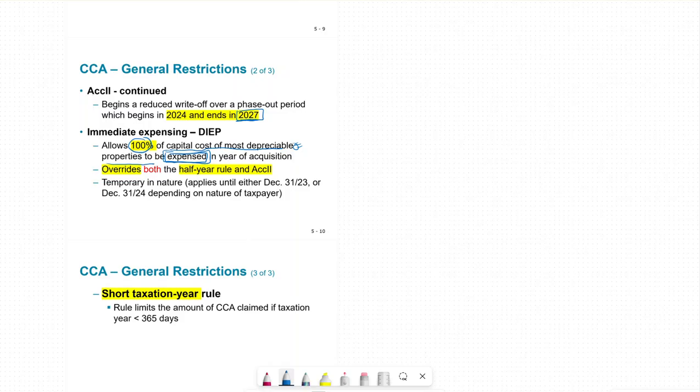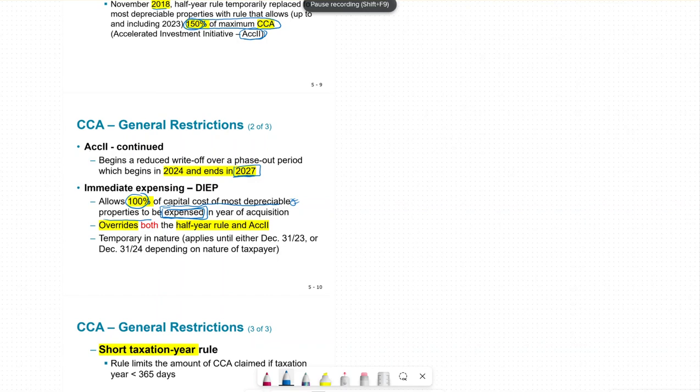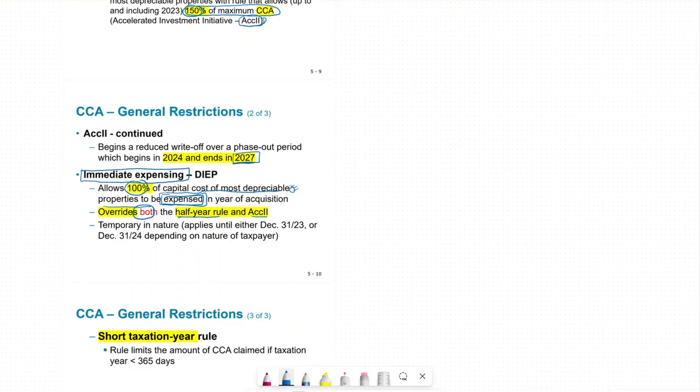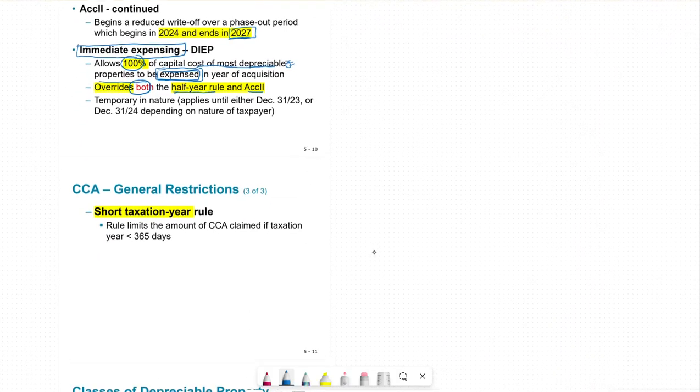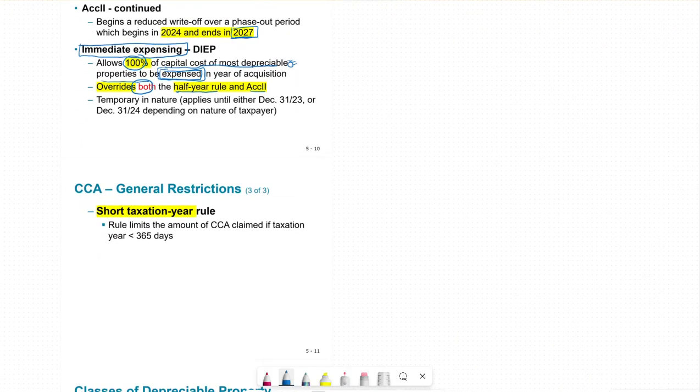So the accelerated investment incentive overrides both the half year rule and the ACI, and we can immediately expense everything that we purchase. That is temporary in nature, and applies to the December 31st 2023 or December 31st 2024 year.